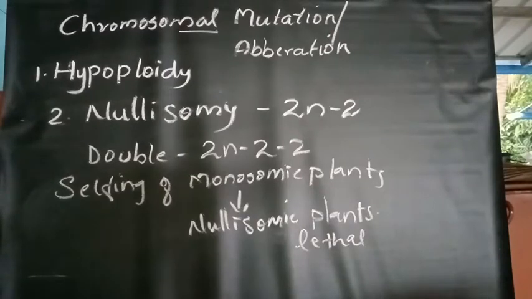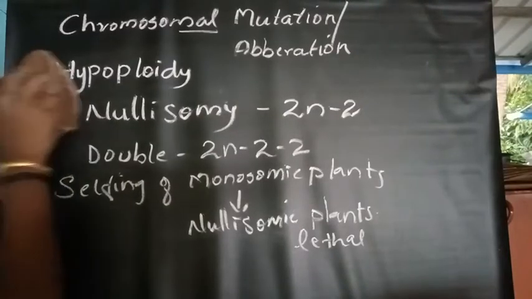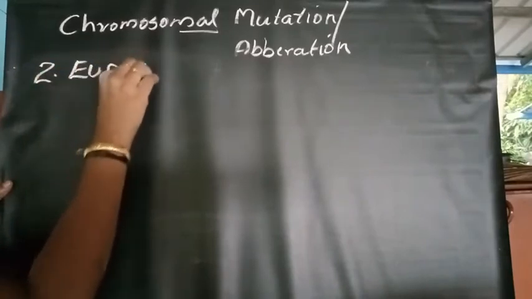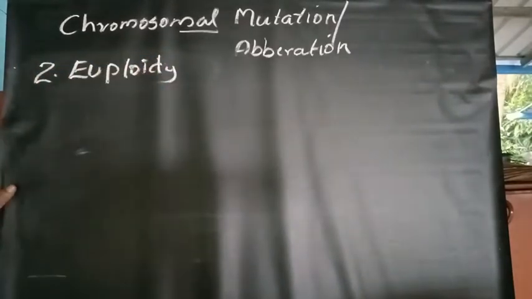Then what is euploidy? Euploidy is a condition where the organism possesses one or more basic sets of chromosomes. In aneuploidy we discussed only individual chromosomes, but here entire basic sets are either added or deleted.